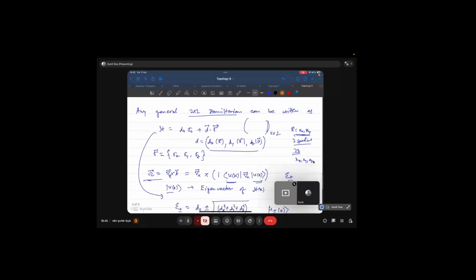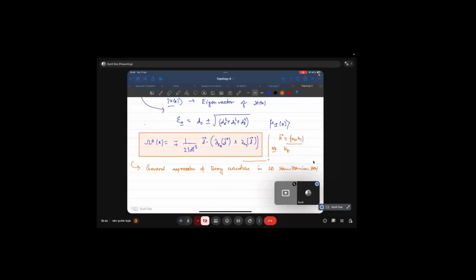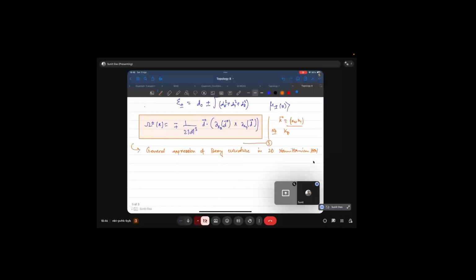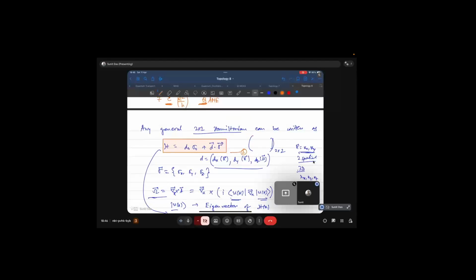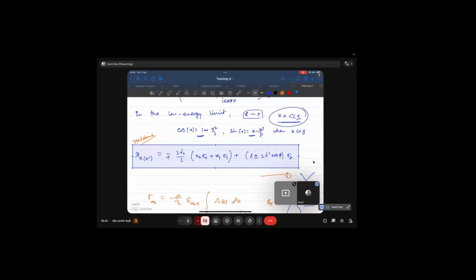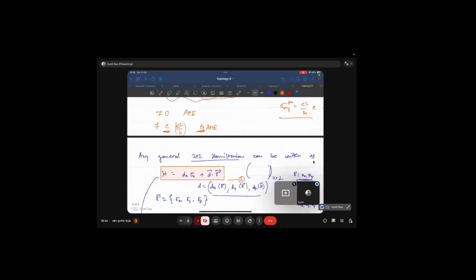And this general Hamiltonian, let's say is equation 2, and this is equation 3. So this is the general Hamiltonian equation 2, and this is equation 1. So you compare equation 1 and 2.